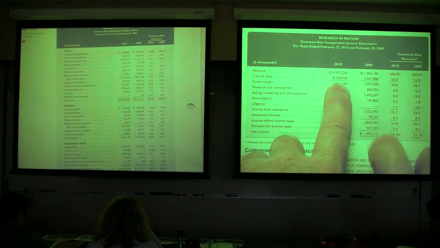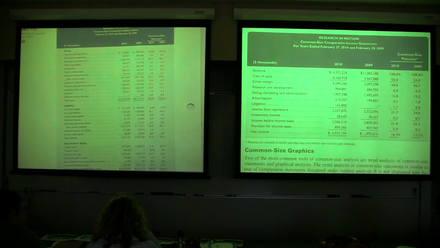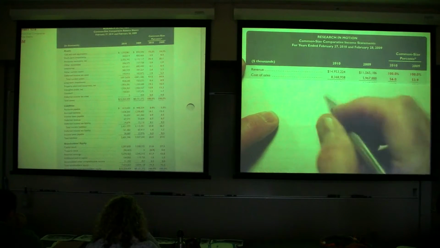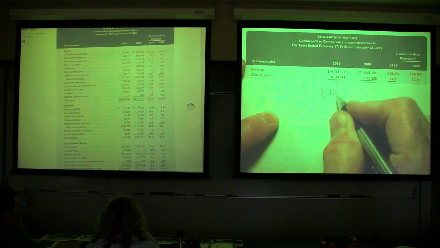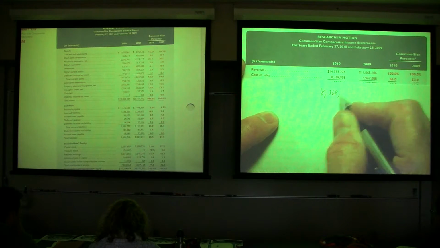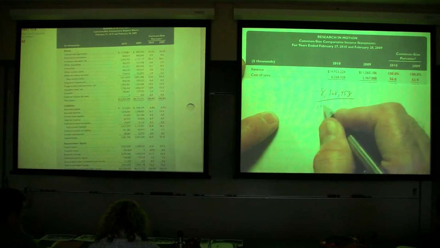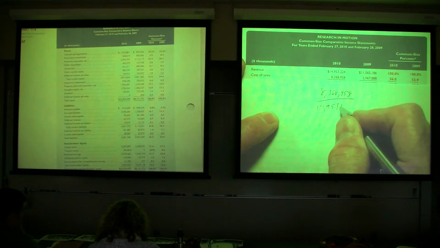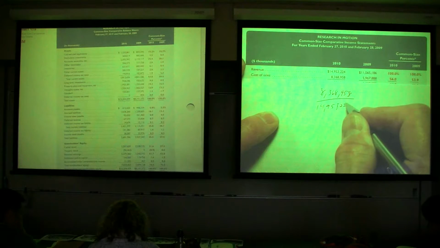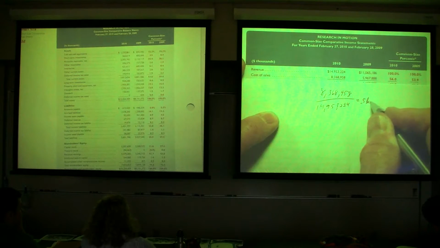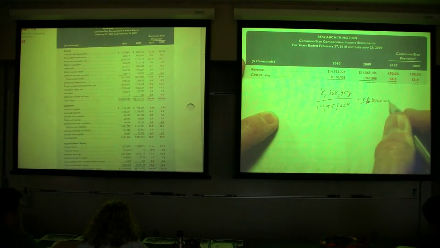Now, cost of sales is 8,000, so what this boils down to, in this case, if you take 8,368,958, you divide it by 14,953,224, you will get 0.56 times 100 comes to 56%.